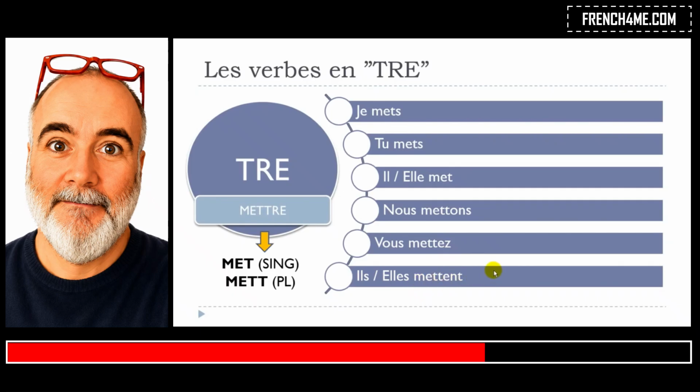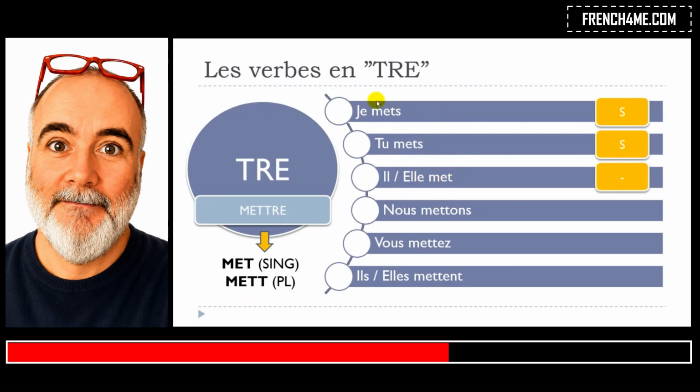And this is basically the difficult thing when we're talking about this group of verbs. Just remember that for the singular form you will have to use this stem here, and then for the plural you will have to use another stem. Then the endings will be S for je, so you will get je mets, S for tu, tu mets, nothing for il, elle, so that's the reason why we have this M-E-T.